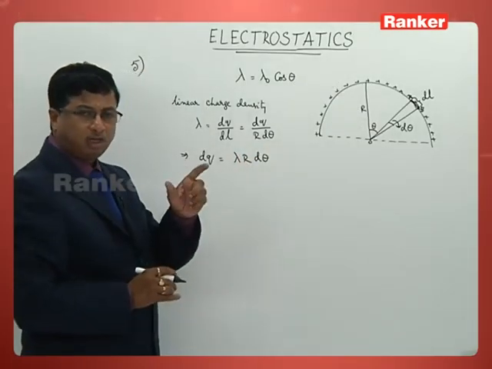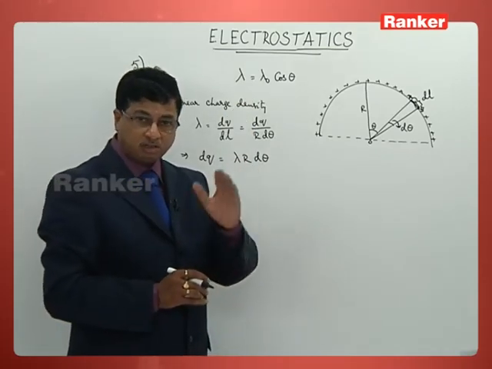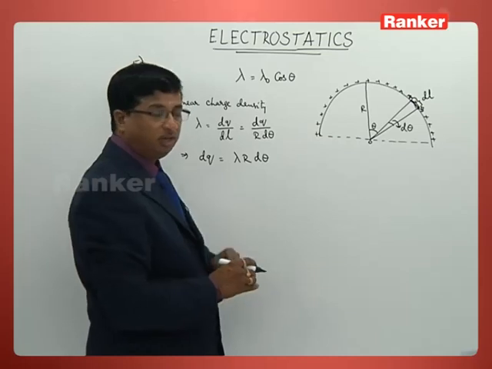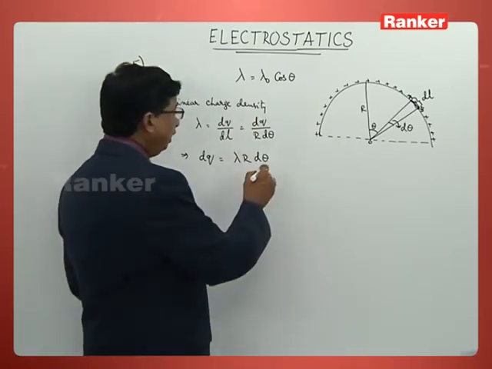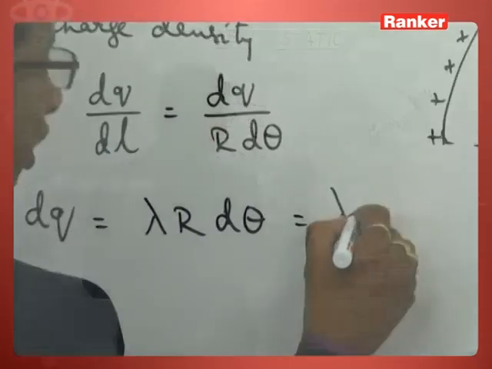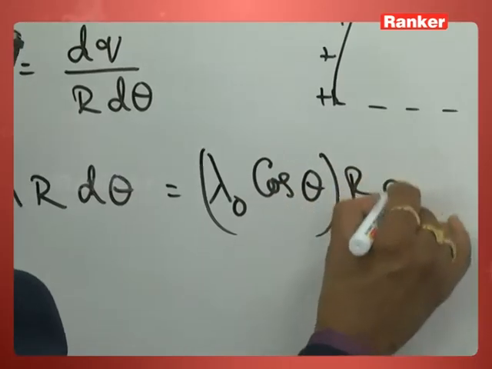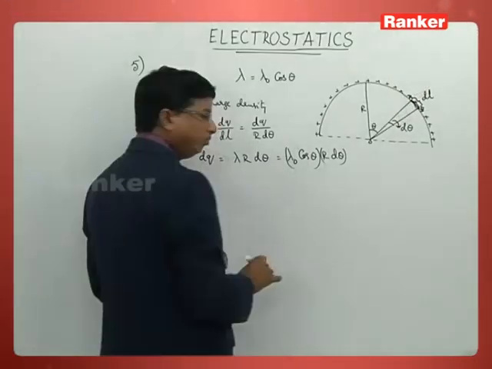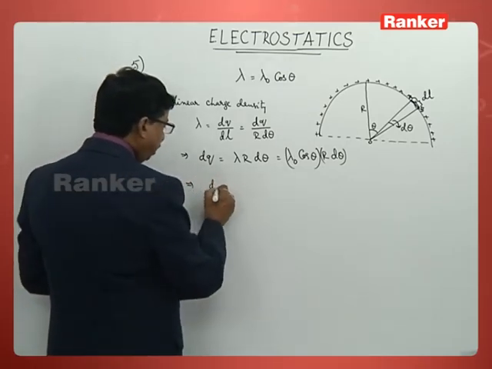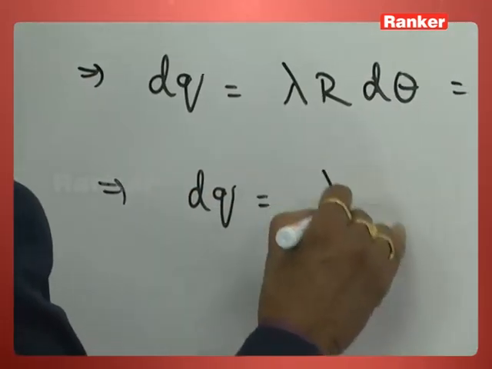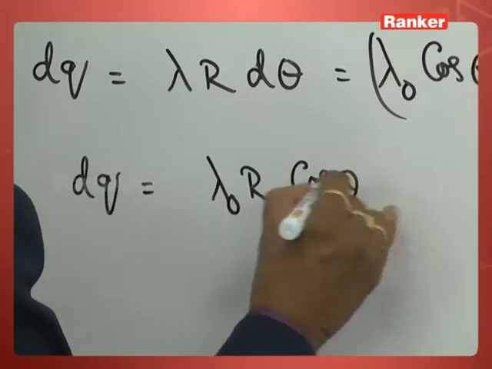But it is very clearly mentioned in the problem, lambda is varying with theta according to this relation. So what we should write in place of lambda now? Lambda can be written lambda naught cos theta into r d theta. Now rearrange the system. You can directly write dq is equal to lambda naught r cos theta d theta.